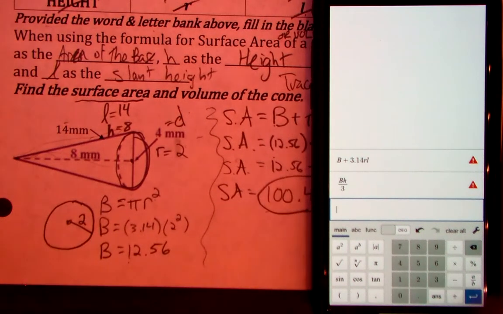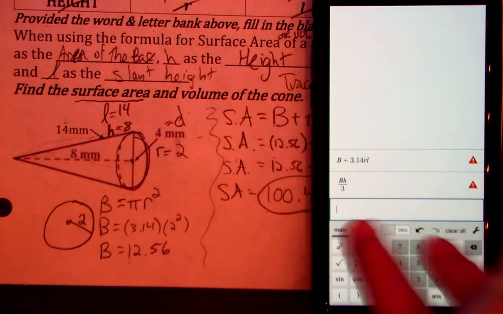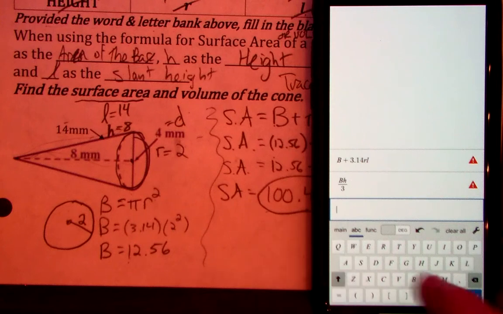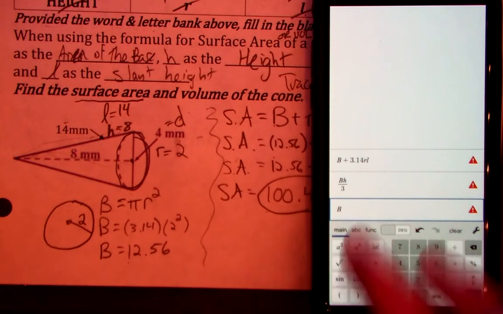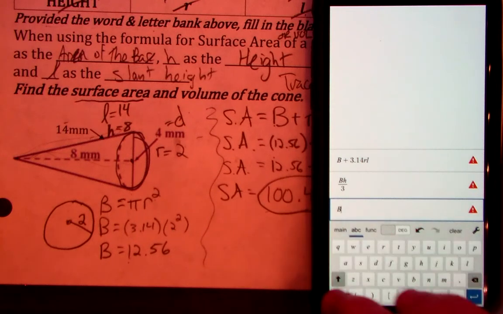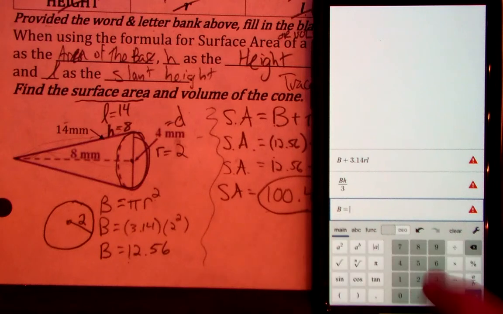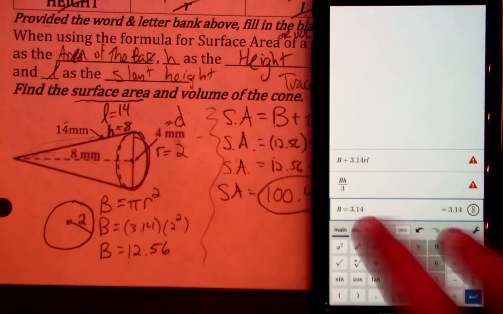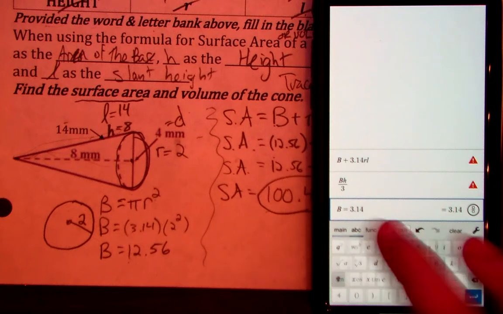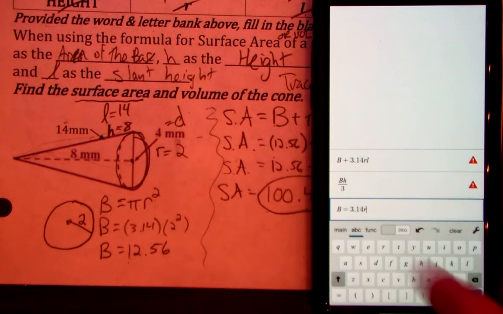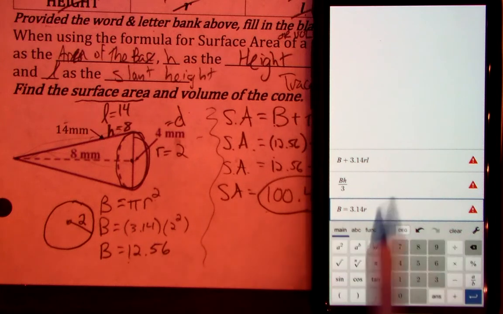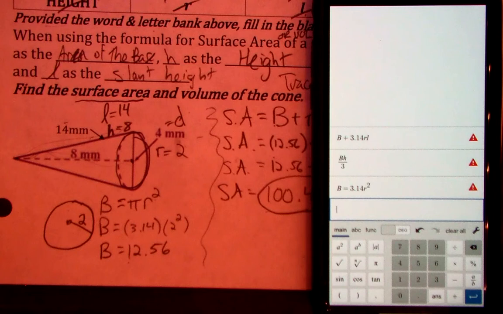So now, again, remember that we said that the area of the base, or our big B, is equal to that 3.14 times our radius squared. So we hit enter. Now let's define some values that we need.